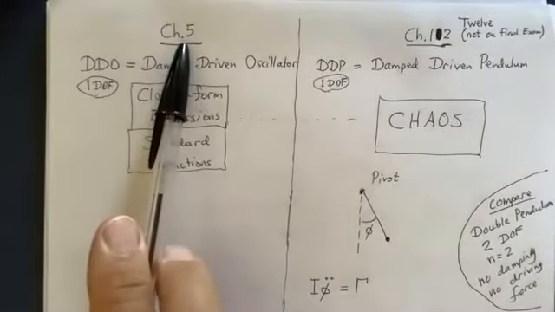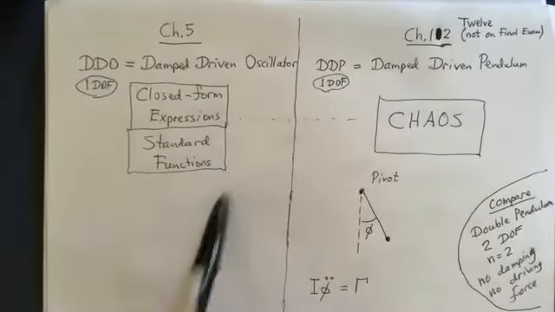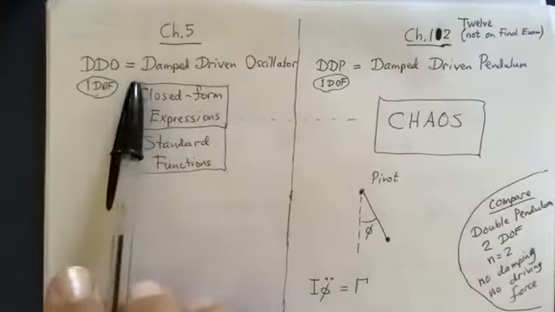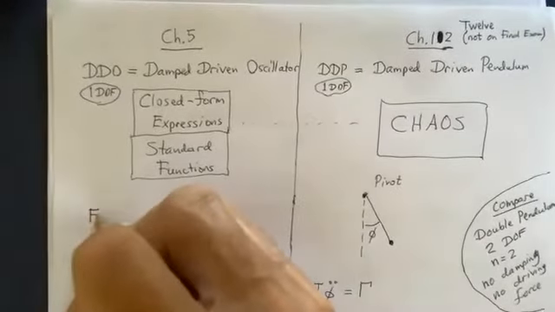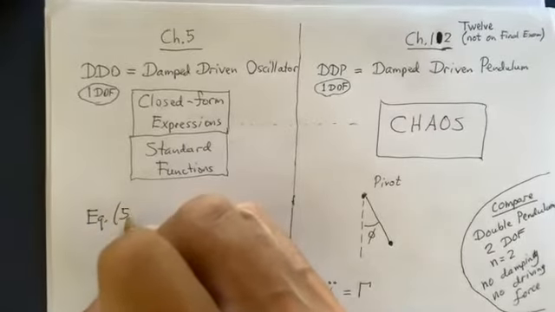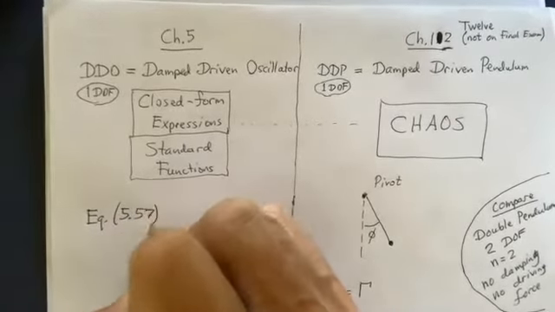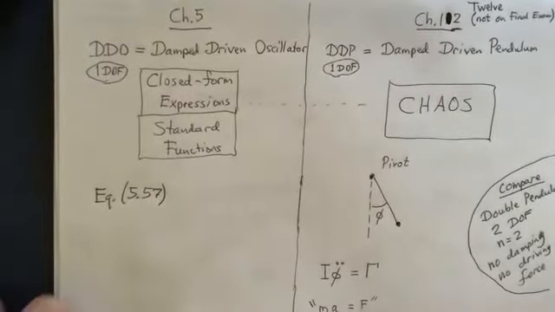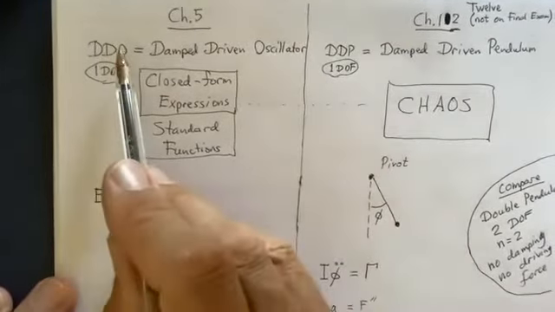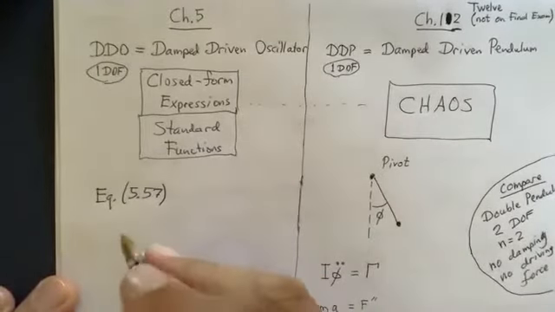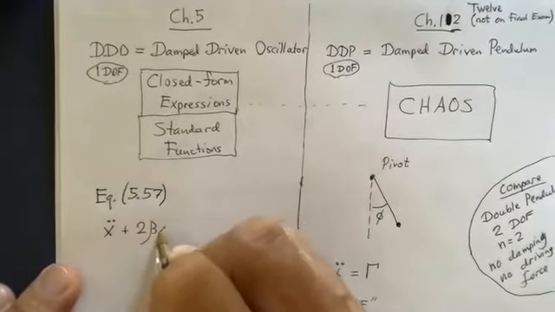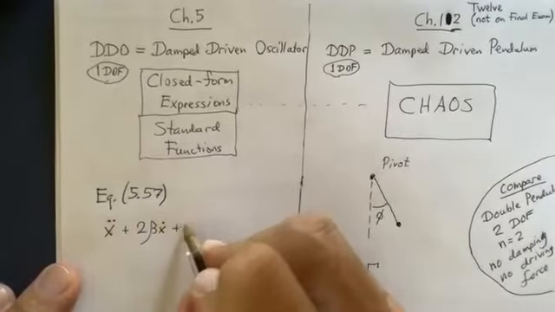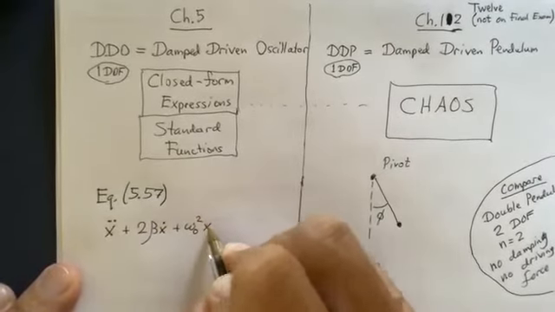In the case of chapter 5, this is very much on our to-do list for the final. We need to be very clear on the damped-driven oscillator. Let's take a second to write down the equation. So we had equation 5.57. This was the differential equation that we were solving for the DDO, the damped-driven oscillator: x double dot plus 2 beta x dot plus omega naught squared x.